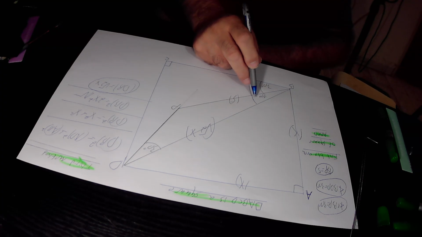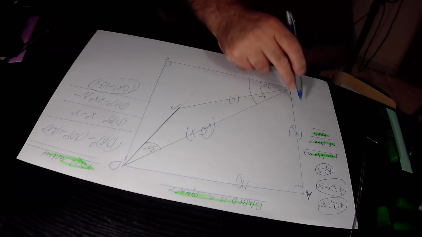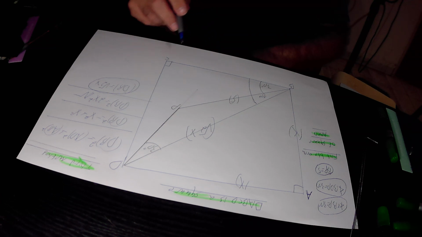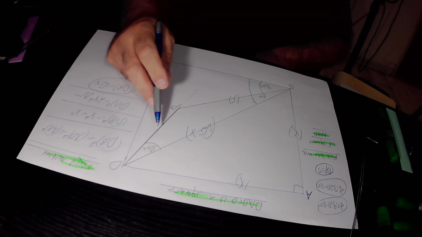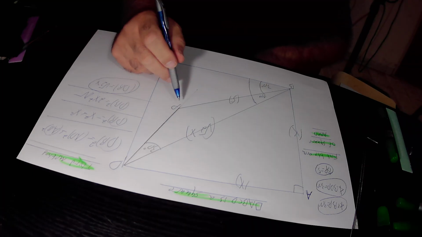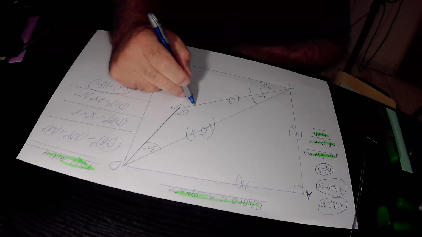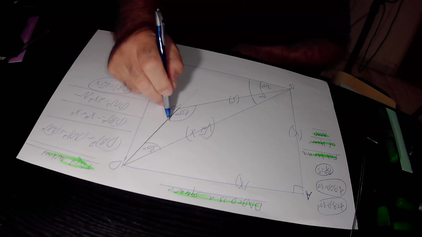That is the size of the first half of angle ABC. So in this triangle DBP, 15 degrees plus 30 degrees is 45 degrees, and therefore this third angle must be equal to 135 degrees, according to the rule that the sum of the angles in any triangle is equal to 180 degrees.